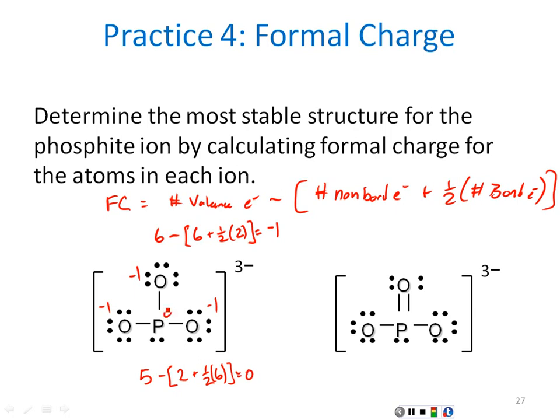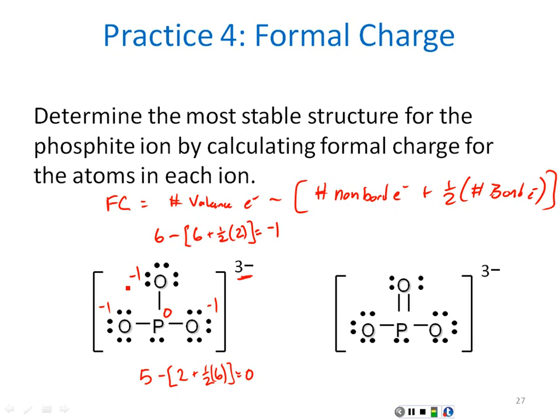So in that structure, phosphorus has a 0 formal charge. And you'll notice too, the formal charges add up to the total charge on the molecule. So oxygens are all 3 minus 1, phosphorus is 0, that's a total of -3, and that is the charge on our ion.